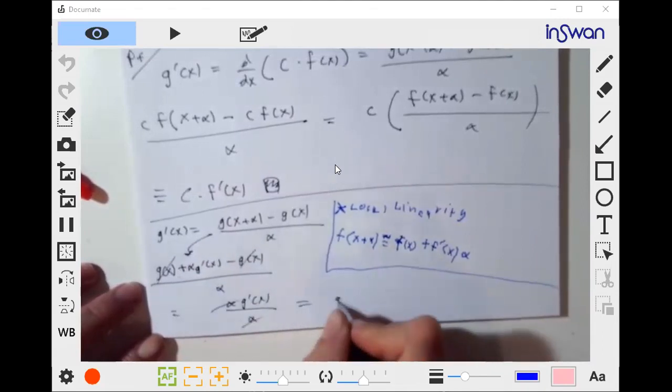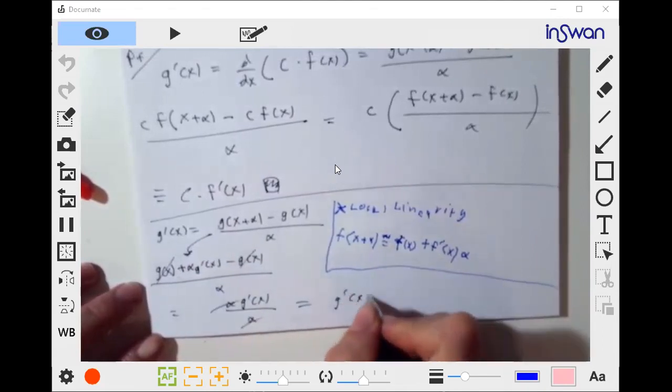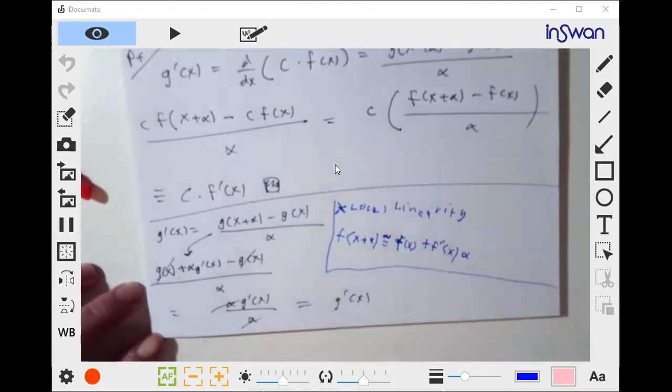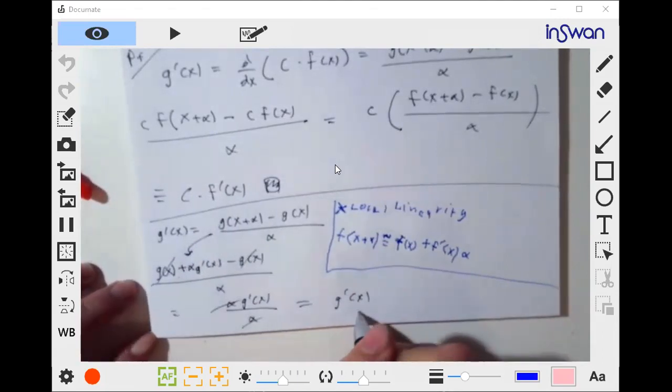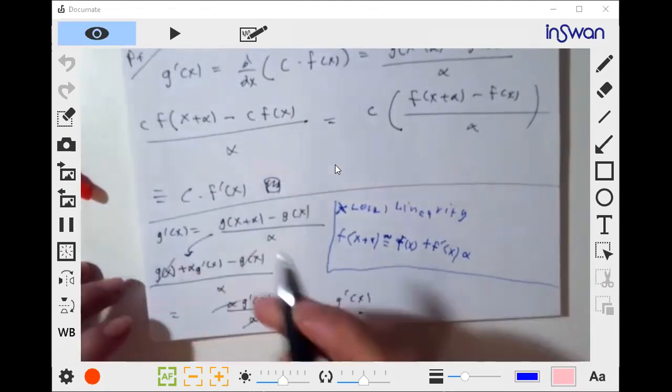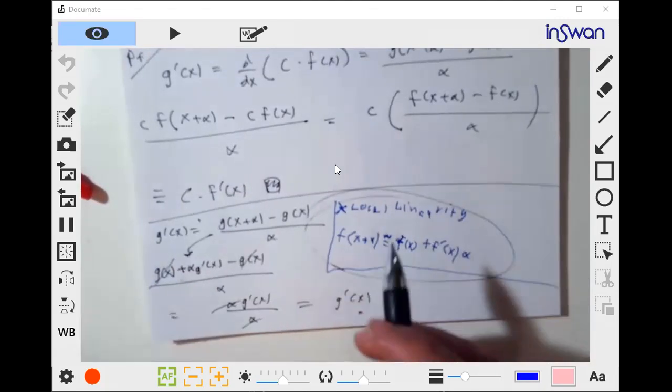Cancel out the alphas, and you just get g prime of x. So don't forget that the local linearity relationship works because you can replace it and get the same result. That's why this fact holds true.